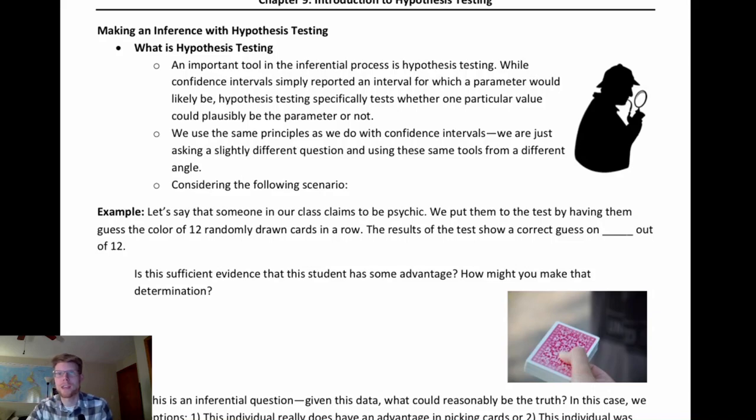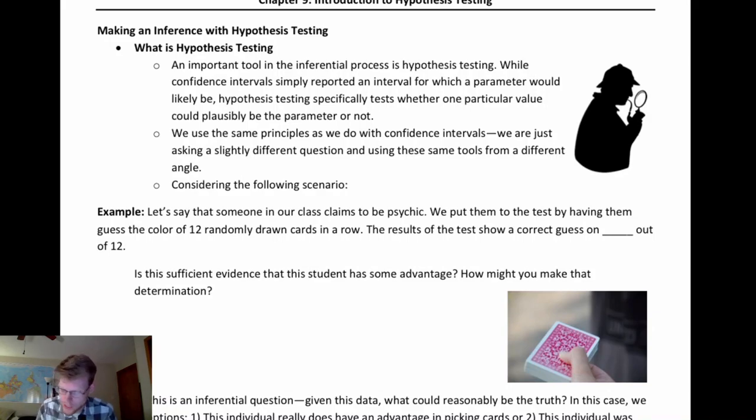So she was guessing with 50% probability if she was guessing by random chance. However, we're curious if maybe she had some advantage. So we're going to put that parameter to the test. Our candidate parameter here is that she's guessing with random chance, 50%, and we're going to judge how reasonable this particular sample result is under that null hypothesis.